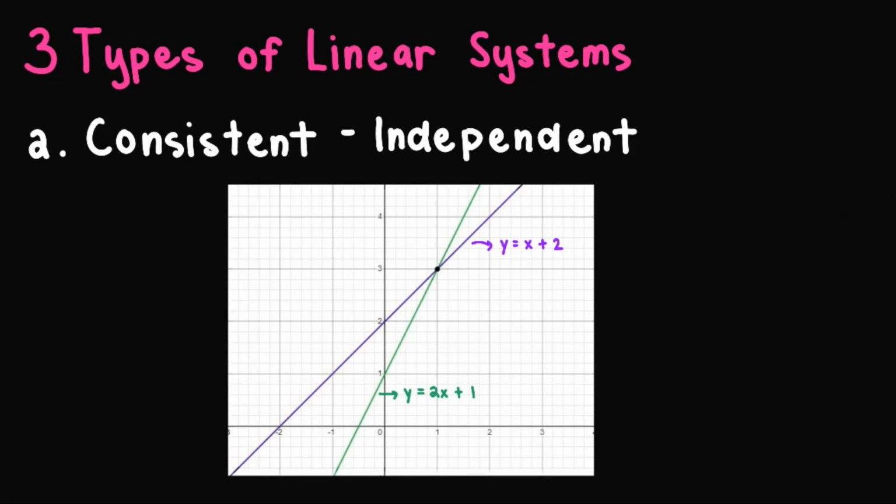When the slopes are not equal, the two lines have one solution, since they intersect at one point here. So this is the consistent independent type of linear system.